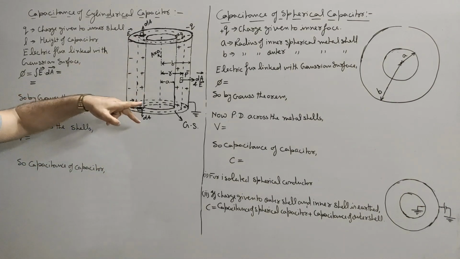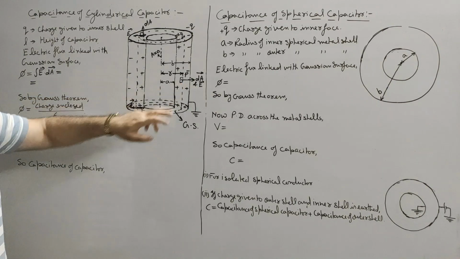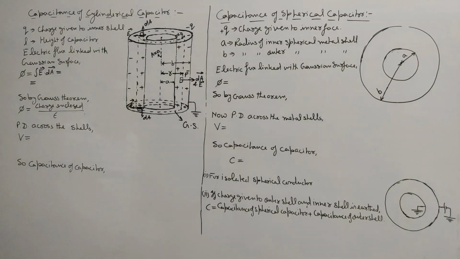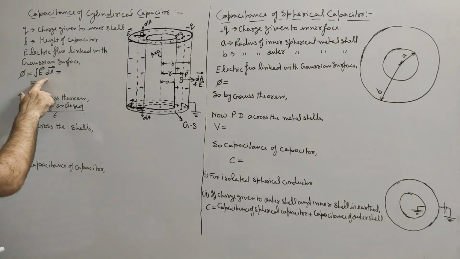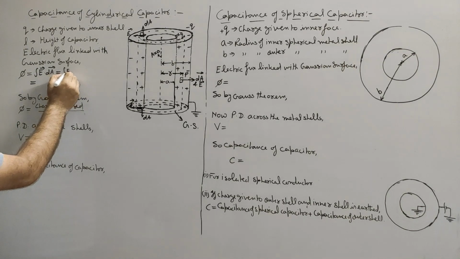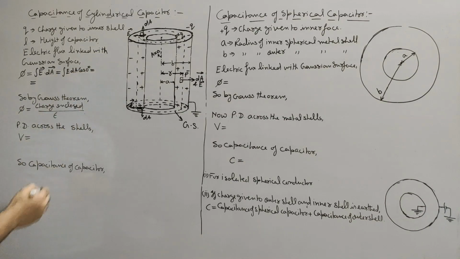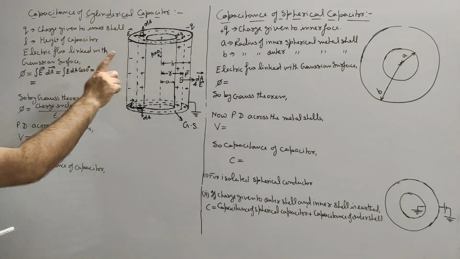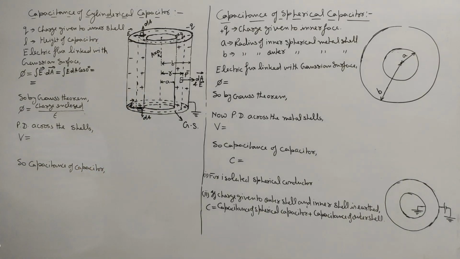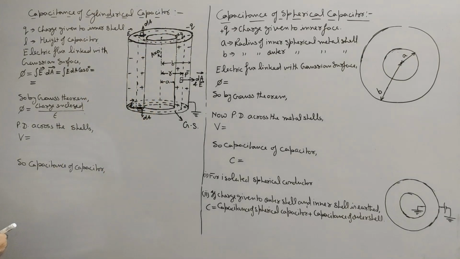So for flat surfaces, electric flux linked with Gaussian surface will be 0, and flux will be linked only with the curved surface. So electric flux linked with Gaussian surface, integral E dot dA, is equal to integral E dA cos 0 degree, and this is equal to E, being same on the curved surface of Gaussian surface, because Gaussian surface is symmetrical around the inner shell.